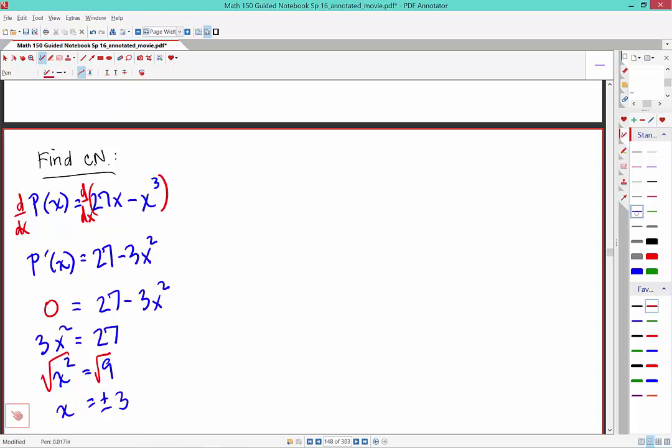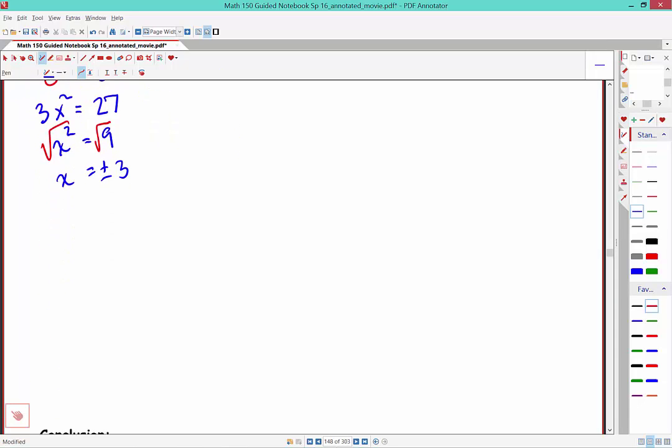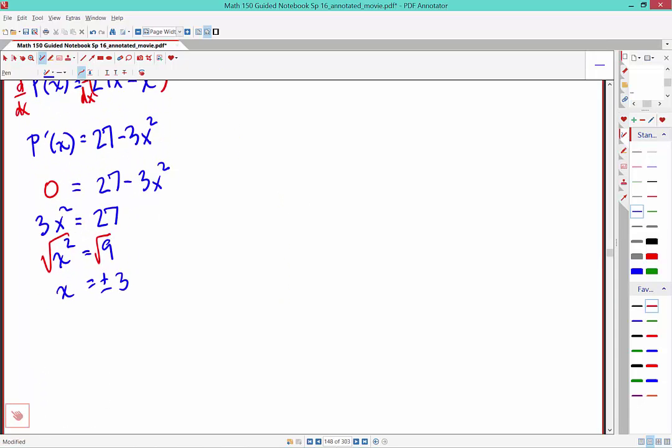Now, our critical number is going to be what? Our critical number is going to be positive 3, because 0 is less than 3, which is less than 3 root 3. So that's our critical number.